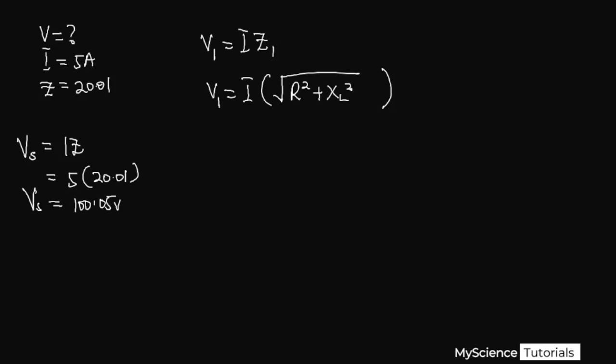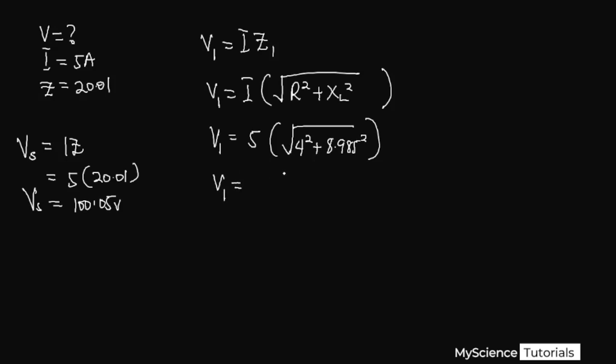That will be our impedance for this particular case. So V1 will be equal to 5 for our current multiplied by our resistance, which was 4, so we have 4 squared, plus we already calculated our XL and we found that to be 8.985, so we have 8.985 squared.